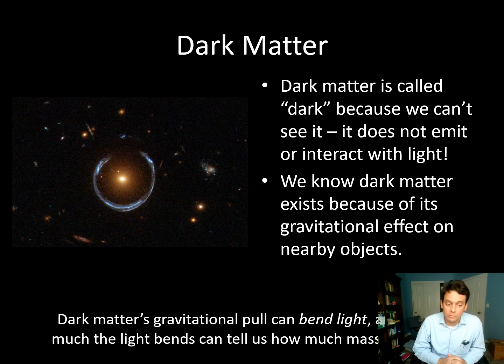One thing that is known, and one reason that dark matter is widely believed to exist, is that its gravitational pull can actually bend light. And this is described by Einstein's theory of general relativity. So this is a famous image where you see this ring here. It's obscured, blocked by a cloud of gas here, but you see an almost complete ring of light here. And what's actually happening is that there is a source of light very far back along this line.